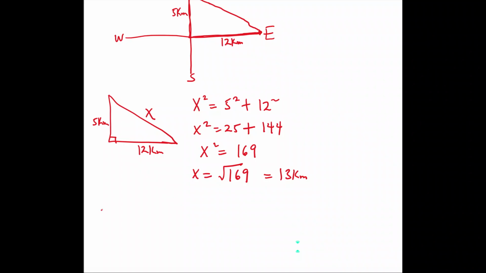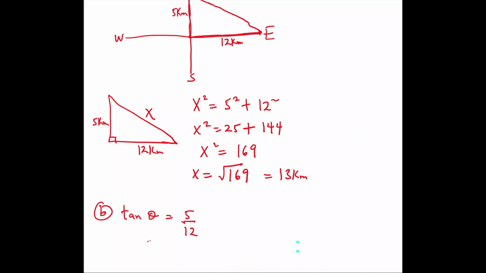Now we have to find the direction of the boat from the starting point. Since from the beginning we are given the opposite and the adjacent, in this case it's going to be tan theta.